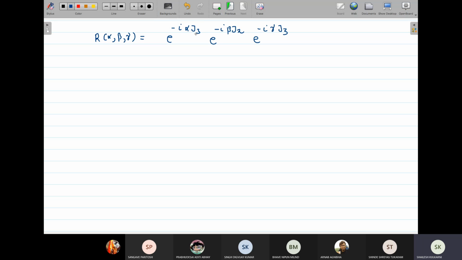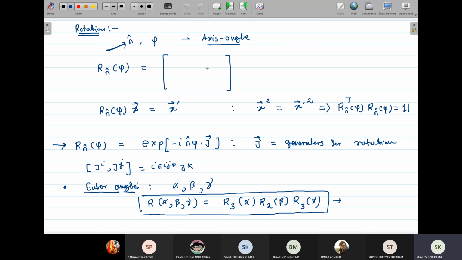You cannot write e to the power minus i (alpha J3 plus beta J2 plus gamma J3). You have to write it separately because of the Baker-Campbell-Hausdorff identity; you cannot simply write the exponential of the sum. So either you write rotation matrices in Euler angle form, or you write them in this form. Both are useful.